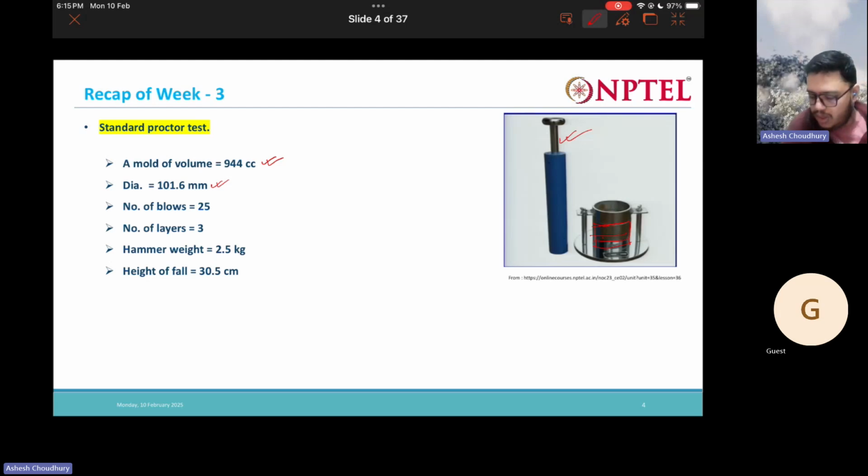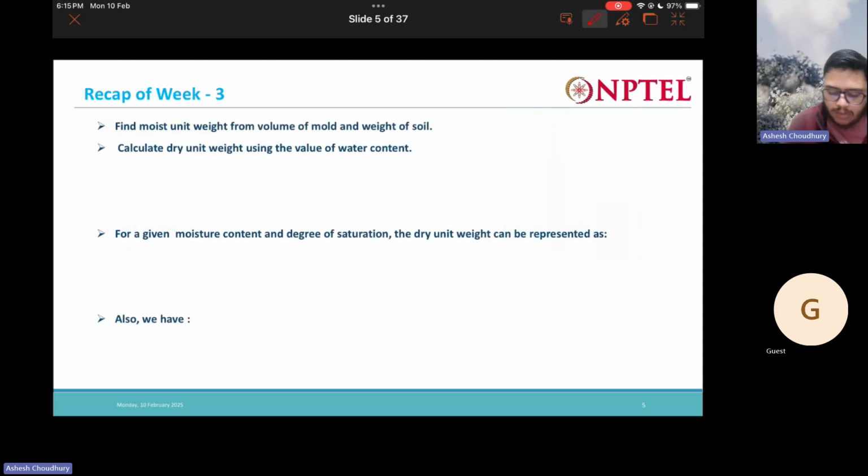Okay, after that you remove this cap and then you trim out the top so that the soil is level with the top of the mold. Then we first calculate the moist unit weight from the volume of the mold and the weight of the soil.